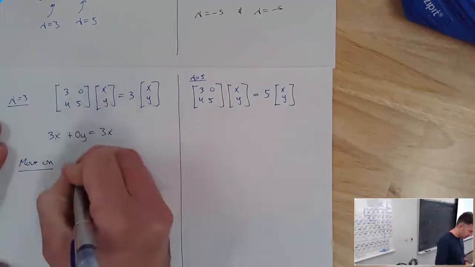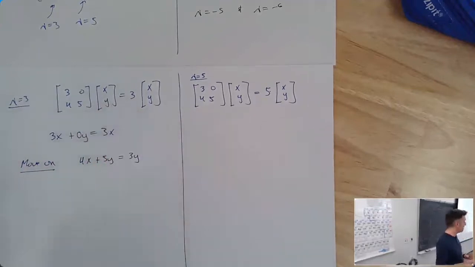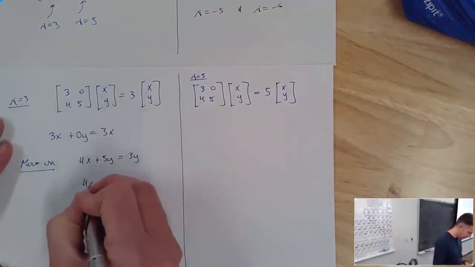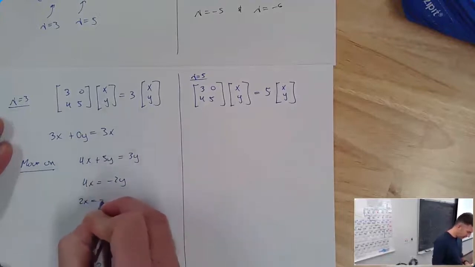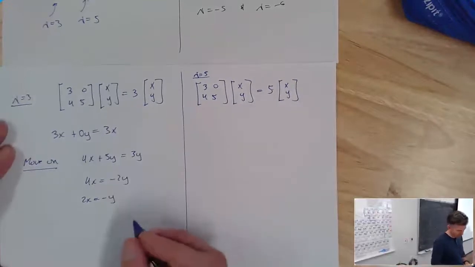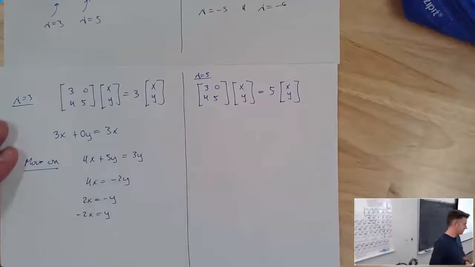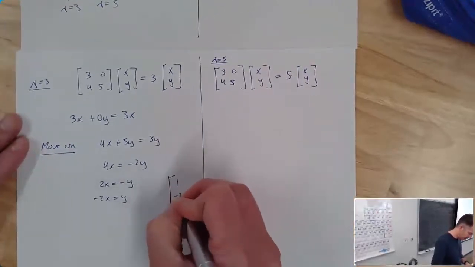So then the other equation, 4x plus 5y equal to 3 times y. Oh, that tells me something. I can isolate y and I get 4x equal to -2y or 2x equal to -y. So I would probably pick x equal to 1. I would probably write it as -2x equal to +y just because that's how I usually do it. And then my vector would be x is 1, y is -2.